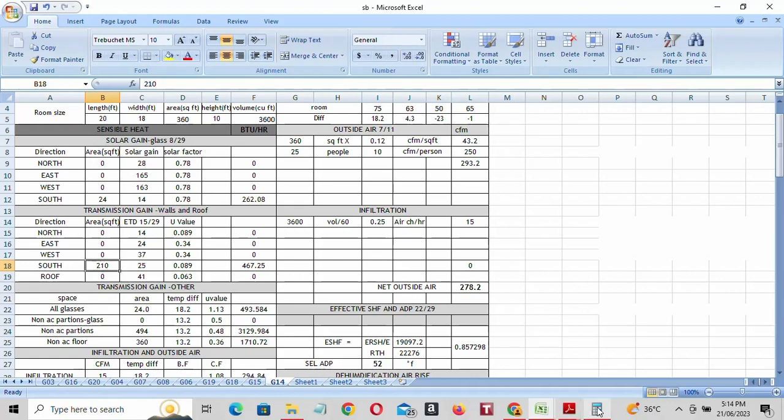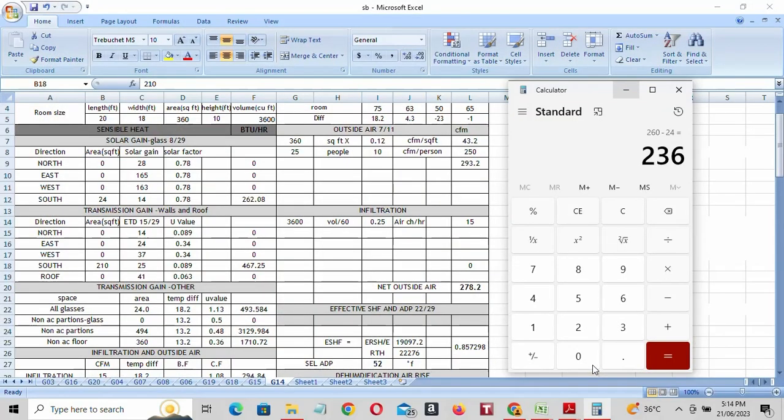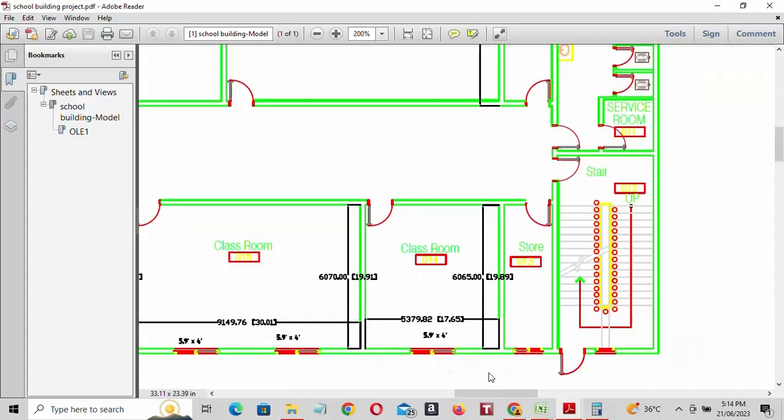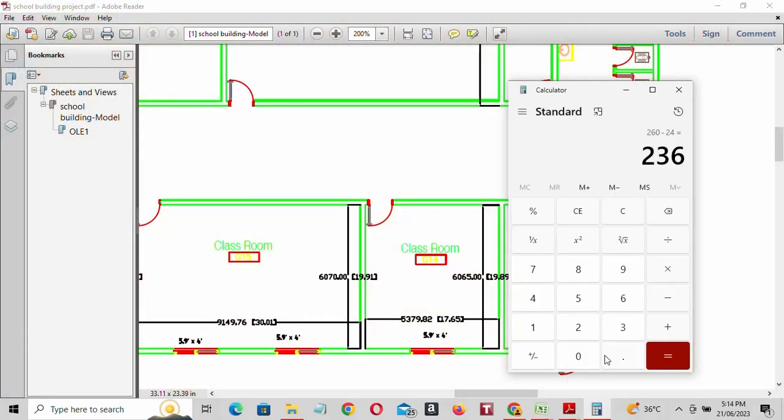Sorry guys, here 18, so width is 18, we are calculating for this area.